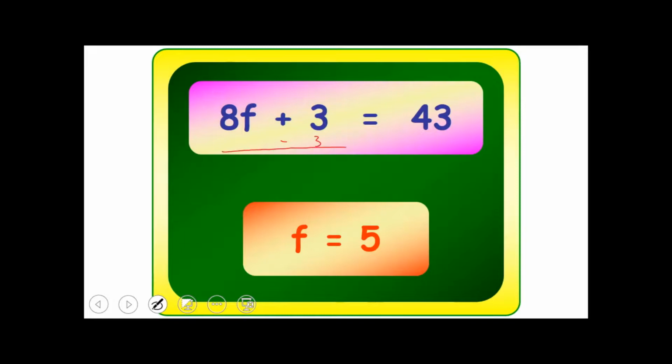So you've got 8f, and that cancels out there, equals 43. So you divide by 8 and you divide by 8 up there, and you should have f equals 5 up there. Can we attempt the next question ourselves, please, and press pause.